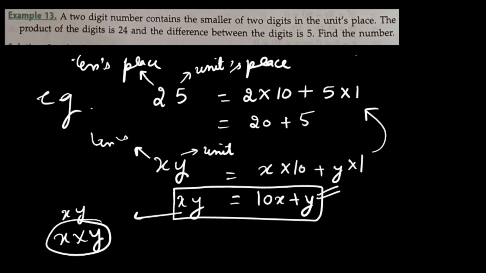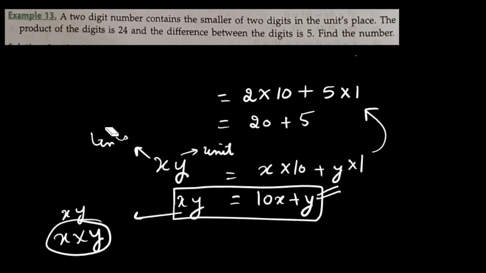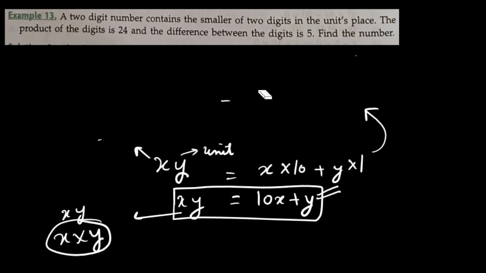We have to always write it in this way, 10x plus y. So is this concept clear? This we have done in lower classes, expansions of the numbers, but now we will do it with variables.